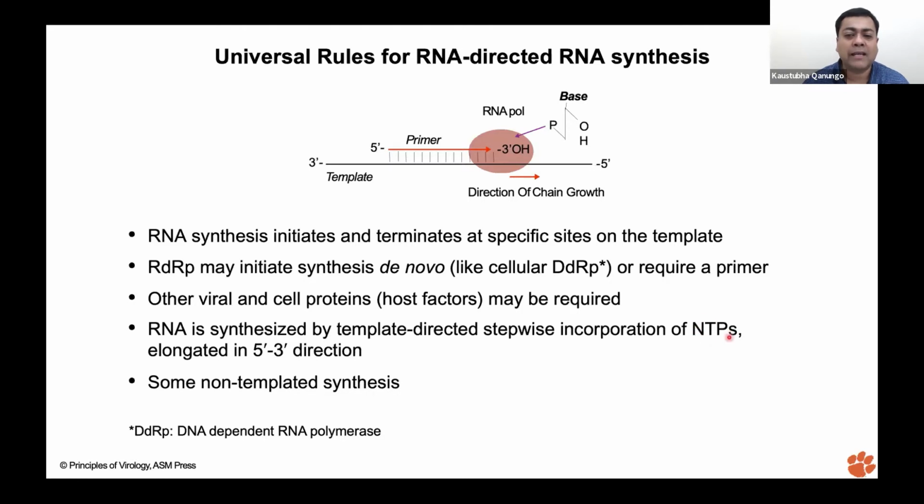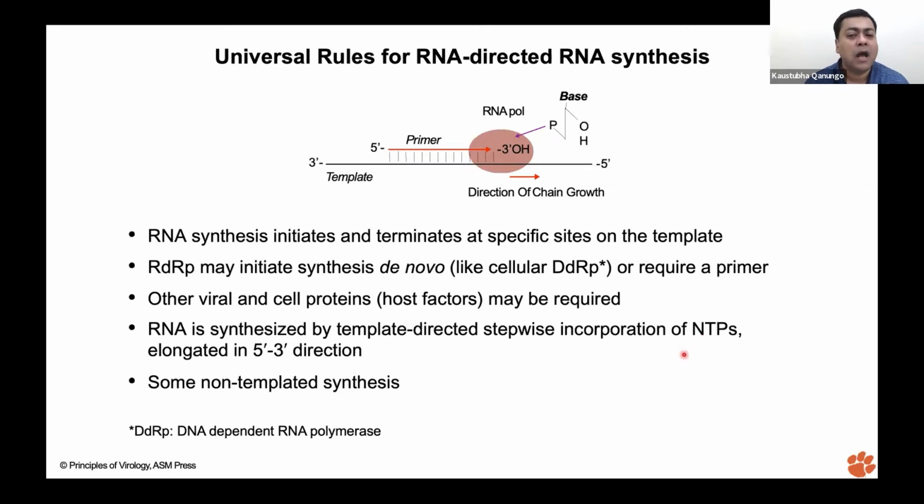When you are saying NTPs, that means your ATP, CTP, GTP, and UTP. These are your 4 NTPs. These are the building blocks of your RNA. When you are saying dNTPs, these are dATP, dTTP, dCTP, and dGTP. So they are all deoxy.